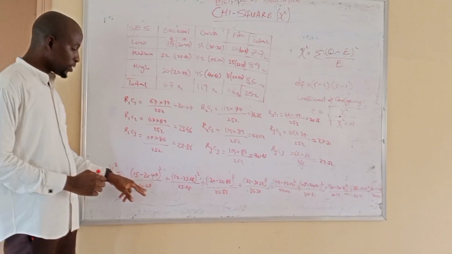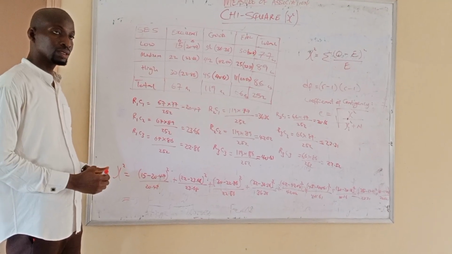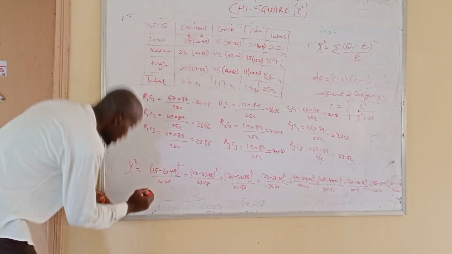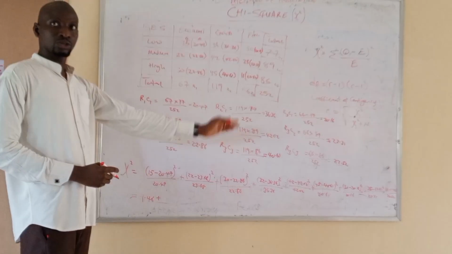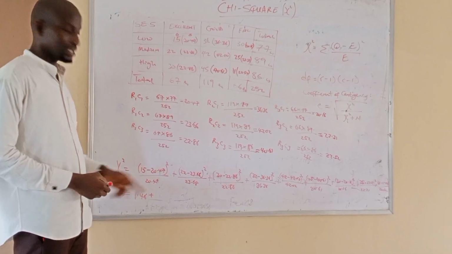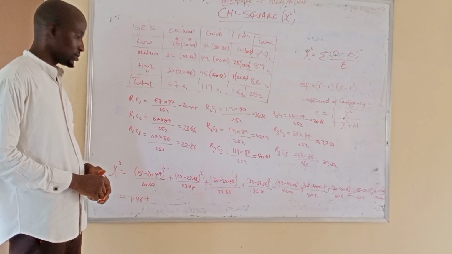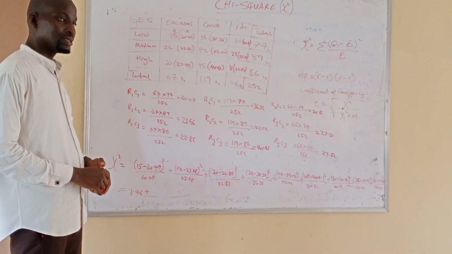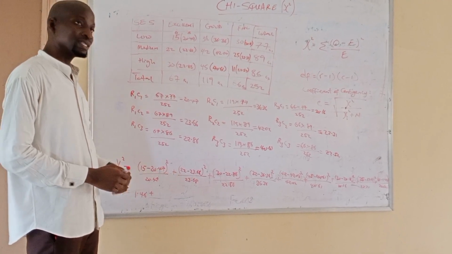Divided by 20.47. 1.46. That's 1.46. So you are done with 1. You are still going to 9 places. 22 minus 23.68. Then you square it. Divided by 23.68.